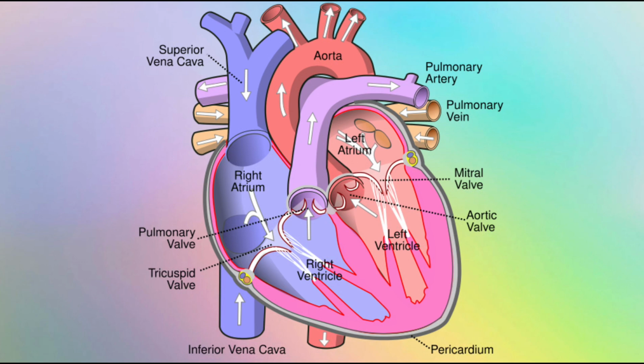The openings of the right and left ventricles into the pulmonary artery and the aorta respectively are provided with semilunar valves. These valves in the heart allow the flow of blood only in one direction, from the atria to the ventricles and from the ventricles to the pulmonary artery or the aorta, and prevent any backward flow. The entire heart is made up of cardiac muscle.